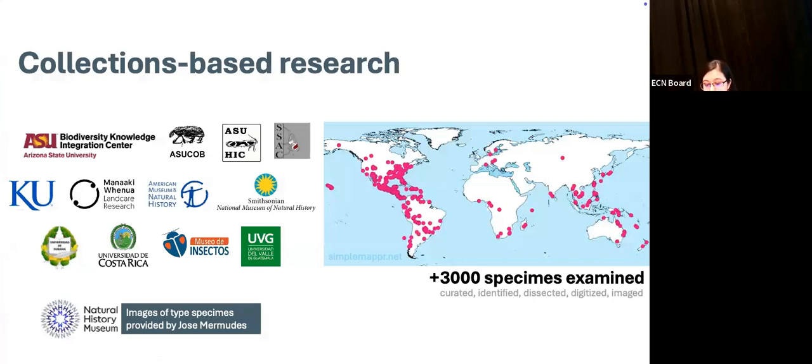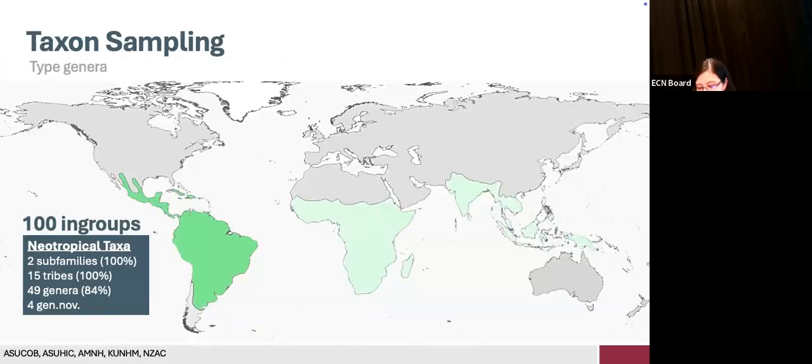During my dissertation, I worked only with collections. I had over 3,000 specimens just in the O'Brien collection, plus the loans I got from other institutions. So it was really interesting to have this global approach on the group and be able to check a lot of specimens from all of these collections.